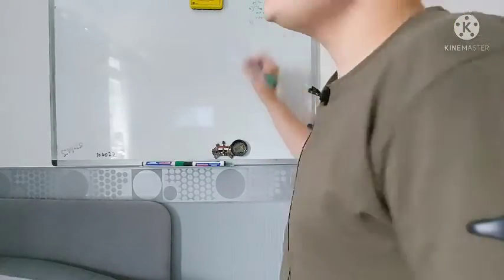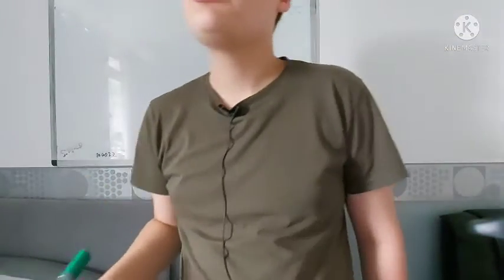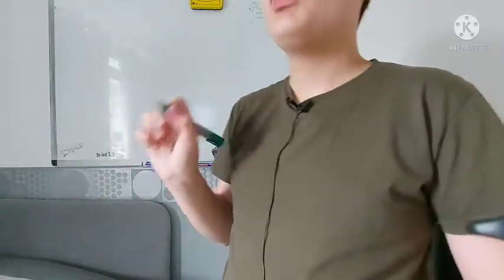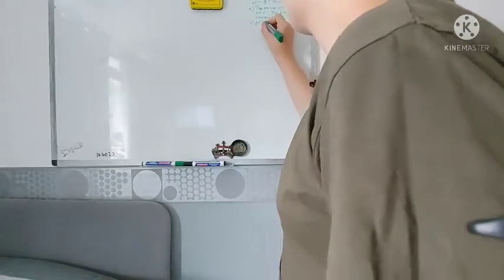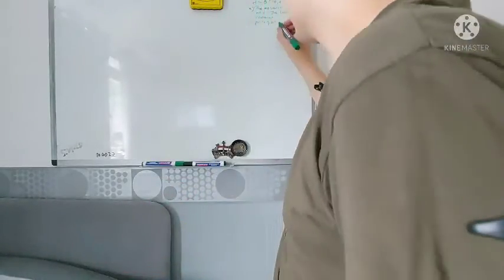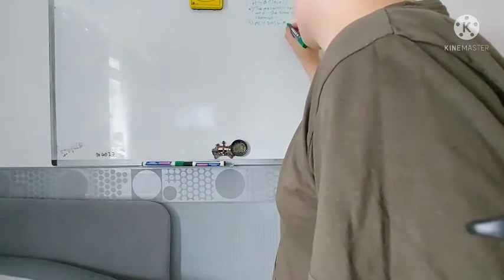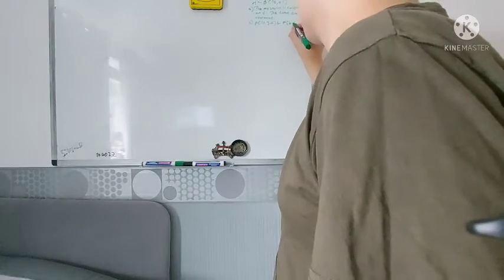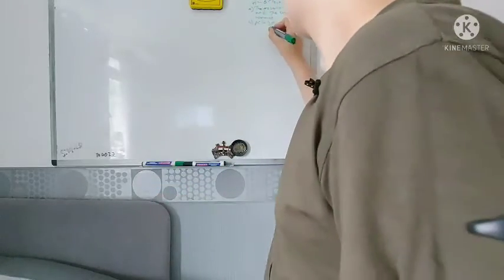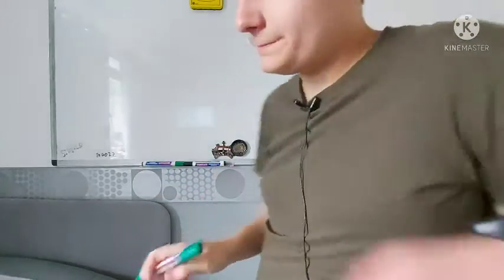For part B, it says, using Petter's model, find the probability of h greater than or equal to 4. Well, I'm going to have to use 1 minus the probability of h being less than or equal to 3. Which is equal to 1 minus.